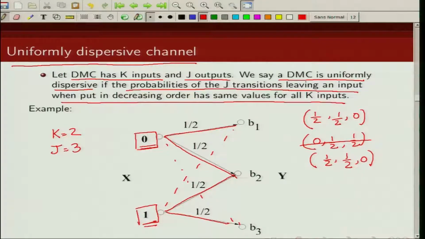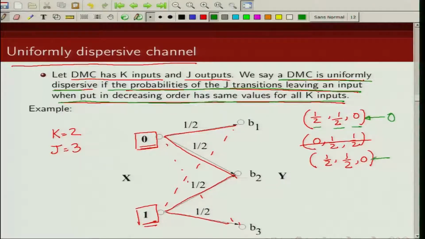Now, what does the definition say for a uniformly dispersive channel? It says that a discrete memoryless channel is uniformly dispersive if the probabilities of the j transitions leaving an input, when put in descending order, have the same value for all the k inputs. When I put the transitions corresponding to input 0 in descending order, I got half, half, 0.